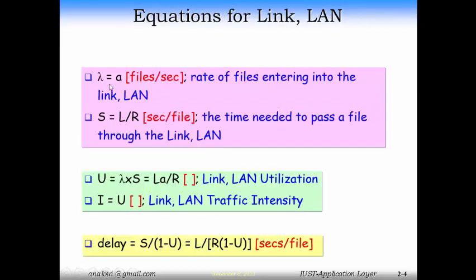So simply, if I'm talking about a LAN or a link, I can say that lambda is equal to a, files per second, and S is equal to L divided by R. And now I can say that U is equal to lambda times S, or L a divided by R. In chapter 1, we had this equation and we called it traffic intensity.